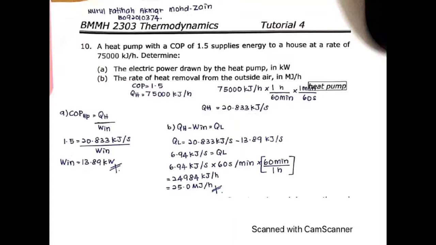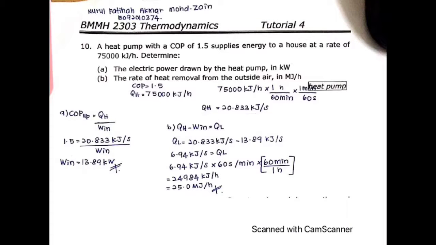So the equation is QH minus W in equal QL. Okay, then QL equal to 20.83 kilojoule per second minus 13.89 kilojoule per second. The question wants heat removal in unit megajoule per hour.